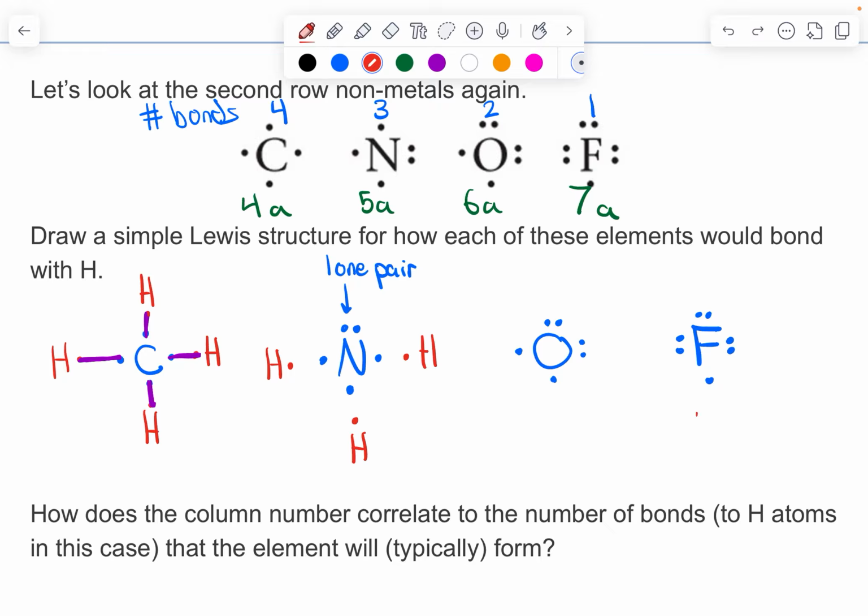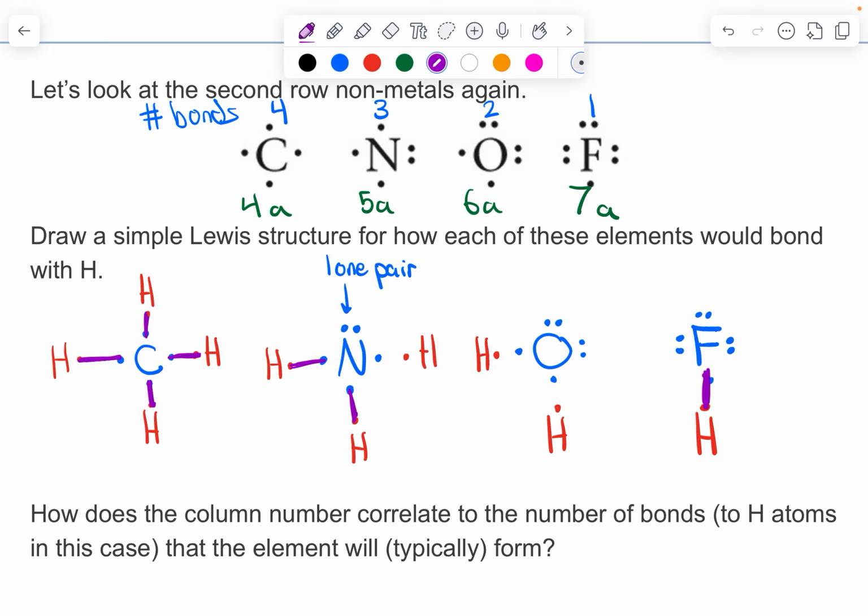So if we combine hydrogen with fluorine, it forms this 1 bond, and no other hydrogens are going to come along and bond with the fluorine because its octet is satisfied. It really comes down to energy motivations. There's really no energy motivation for any other hydrogen to bond to that fluorine, okay? But the way that we summarize that is by talking about the octet being satisfied. And obviously, like we mentioned before, the duet for hydrogen.